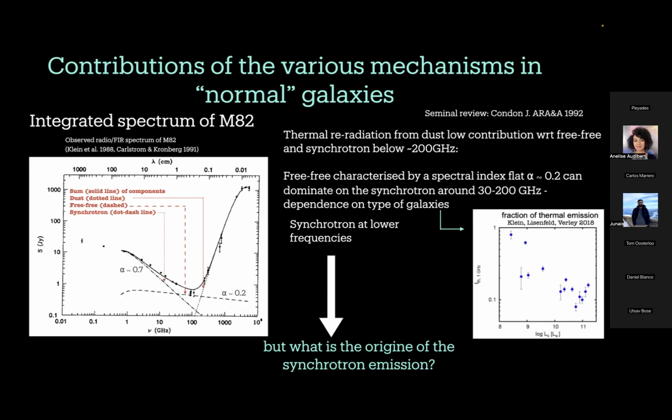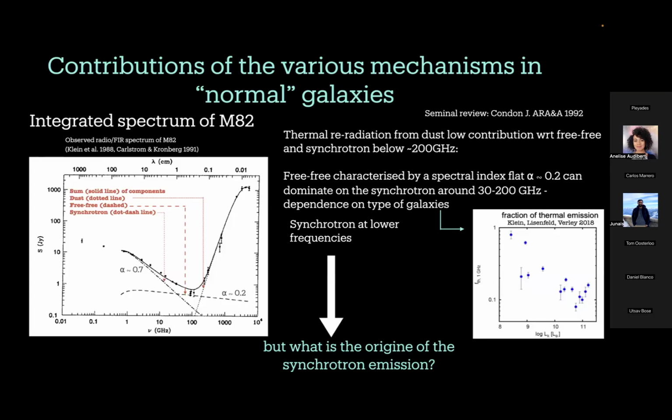This component is mostly visible from a few tenths to above 100 gigahertz. It is dominant only in this part of the spectrum. And then at more common radio frequencies, the synchrotron dominates, that is this other component here.